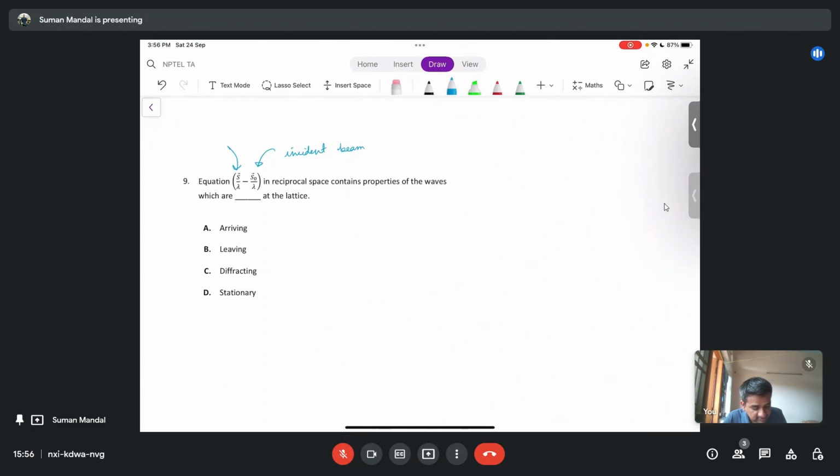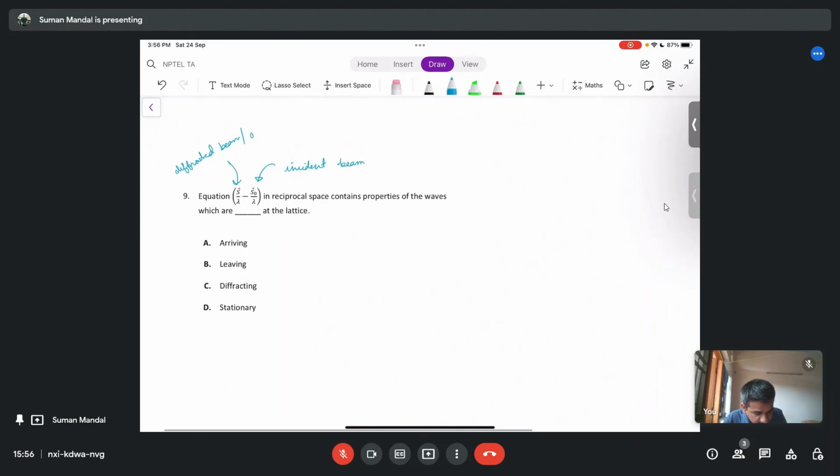So basically, I'll just write it down here. S0 by lambda is the arriving beam, and S by lambda is a vector, the leaving or diffracted beam.